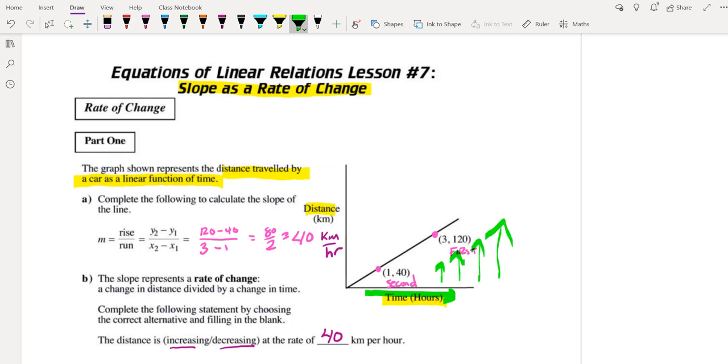So this is a positive change. It's increasing, right? You can also compare that to the sign in front of the 40. Is it positive or negative? This is all interconnected. If it's positive, it's an increasing rate of change. If it's negative, it's a decreasing rate of change, right?